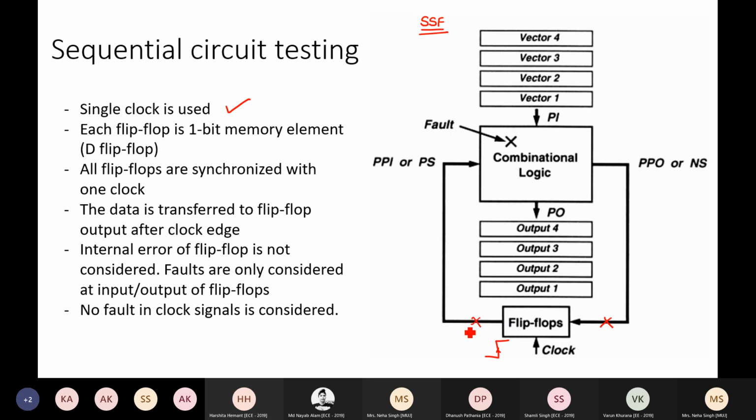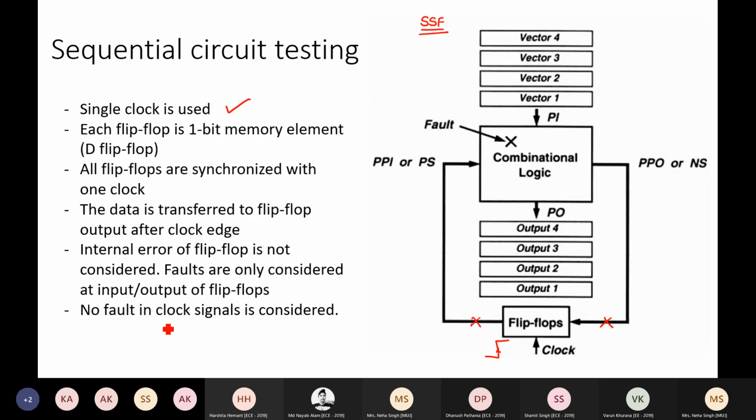However, even in this condition, if the input and output stuck-at faults are considered only, still we are going to get coverage of above 90%. In fact, around 99% we are able to get for certain circuits, right? So this is not important if the fault exists inside the flip-flop. We are only modeling the faults outside the flip-flop.